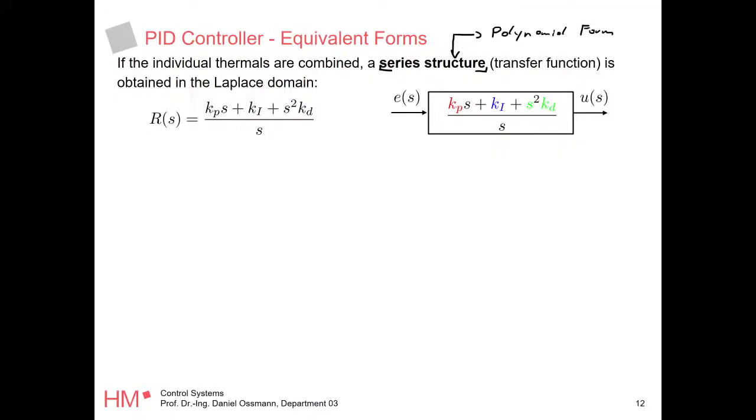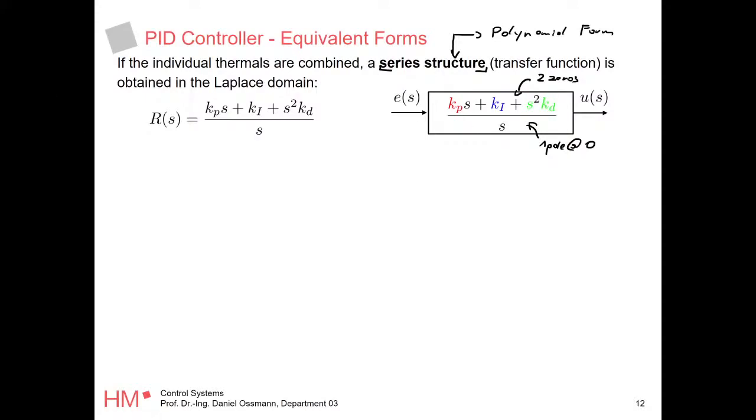A PID controller has a series structure and a parallel structure, and the series structure is equivalent to the polynomial form. So we have a second order polynomial here. So you have two zeros, and you have one pole at 0.